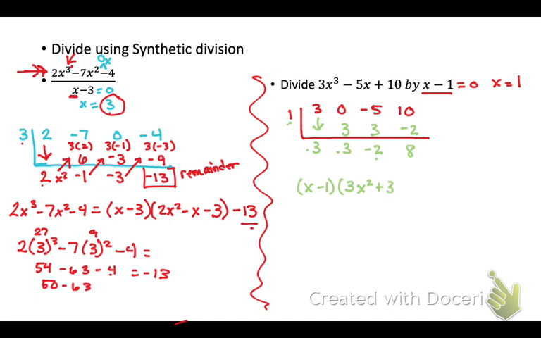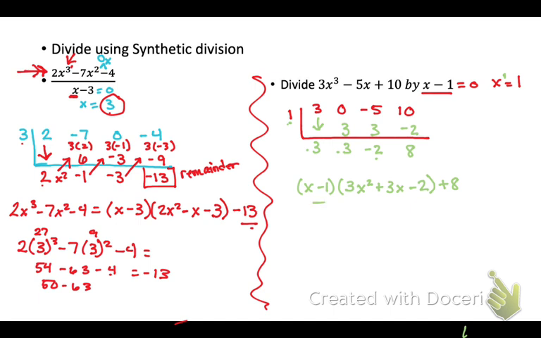Because you're dividing by a power of 1, so you're going to go down 1 degree. It was cubed, so I go down to second. So plus 3x minus 2, remainder 8, so plus 8.